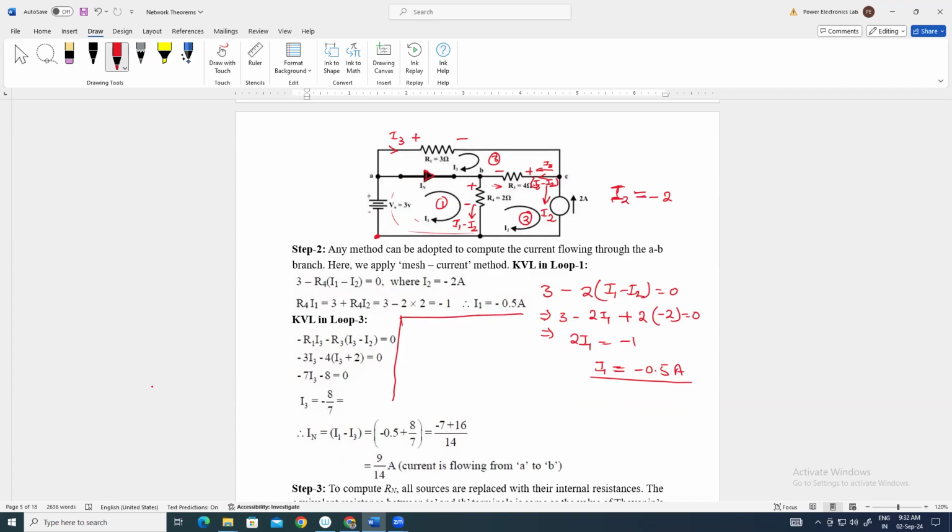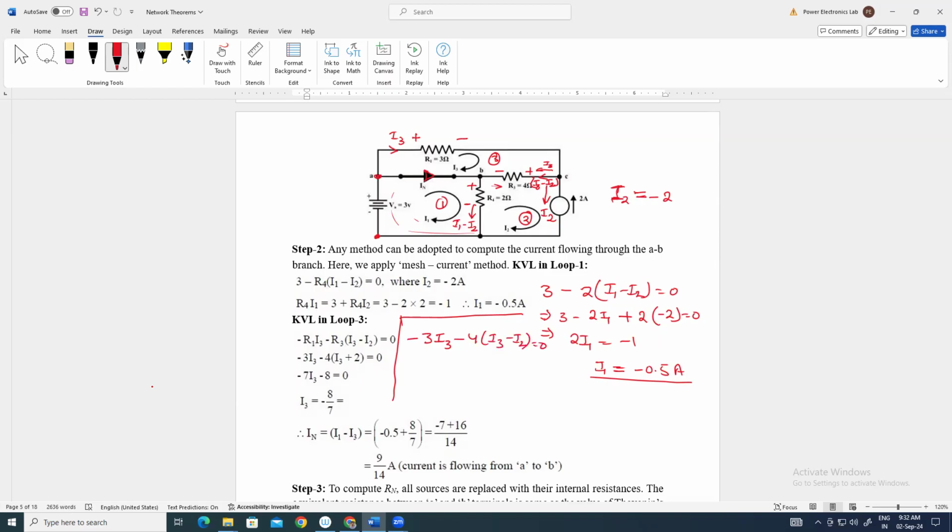we start at this point and reach again at this point, and we have two elements to cover. Firstly, plus to minus gives minus 3 into I3. Now in this branch a 4 ohm resistor is there, plus to minus, so it will be minus 4 into (I3 minus I2) is equal to 0.